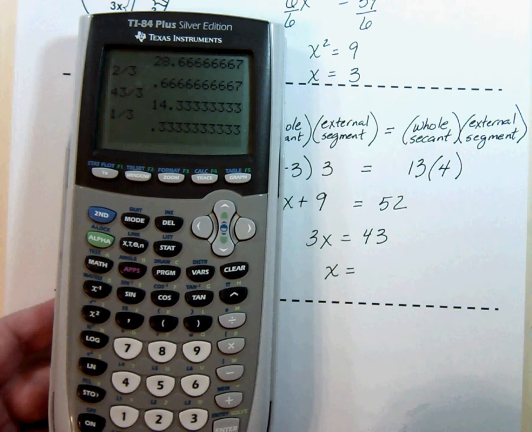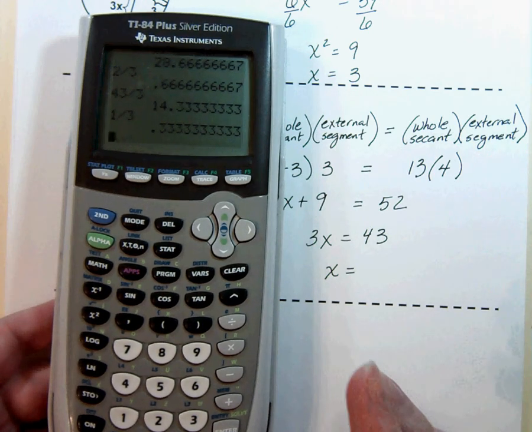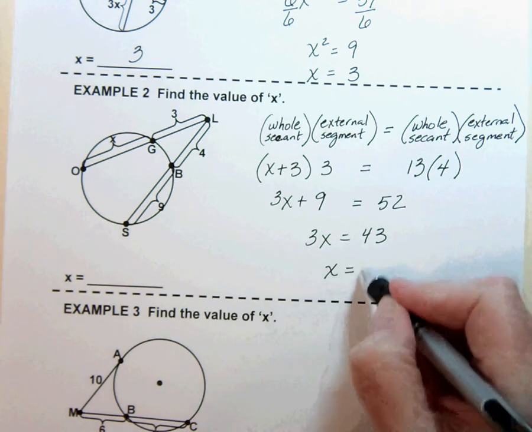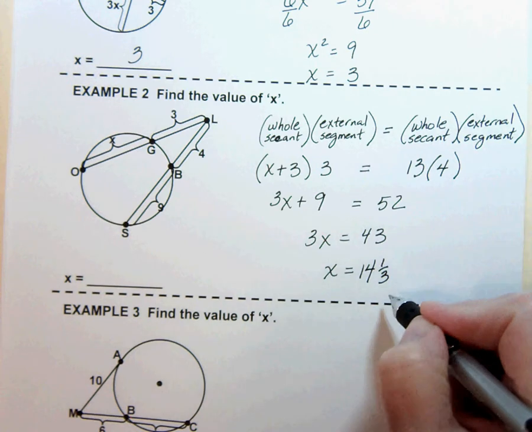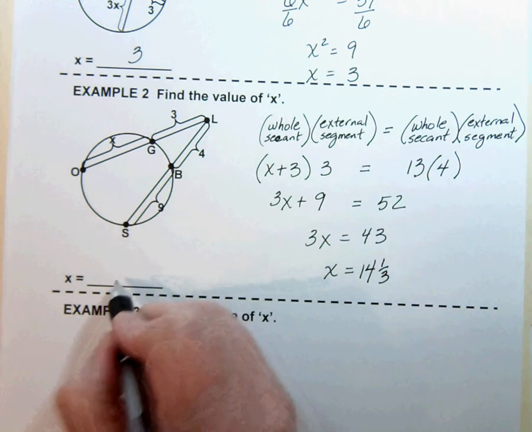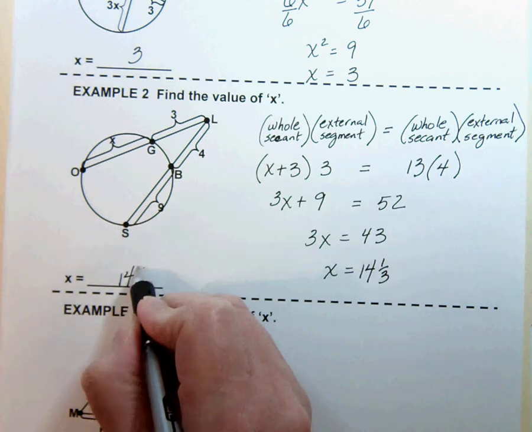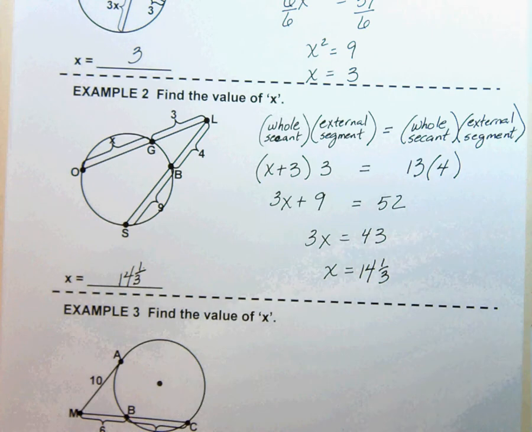Anytime you divide 1 by 3, you're going to get a repeating 3. So to give the exact answer for this one, it's 14 and 1/3. I would accept 0.3. If you do this one in the calculator and you want to use 0.3, that's fine. But 14 and 1/3 is the exact answer.